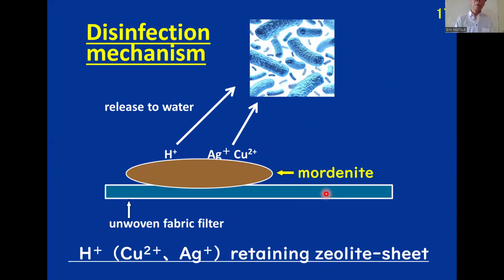This is a scheme of disinfection of bacteria using zeolite, mordenite, on which protons are retained, or silver copper adsorbed on the surface of the molybdenite. And the molybdenite is heat embedded on a non-woven fabric film.